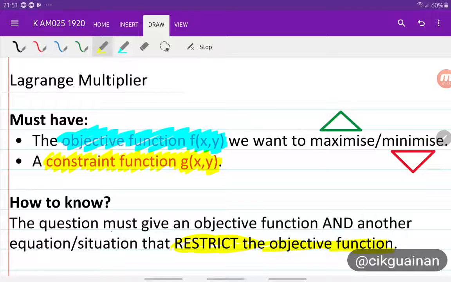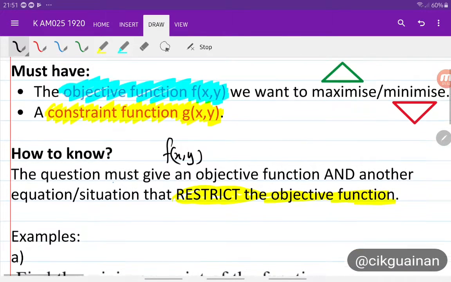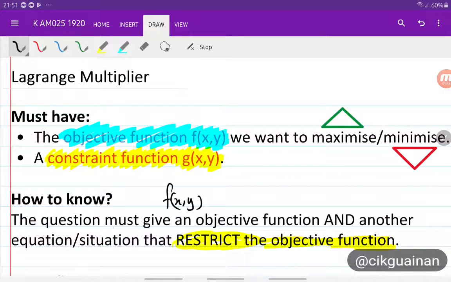So if we have two functions, f and g, f(x,y) is restricted by, not restricted, the word I'm using is subject to, a certain constraint.